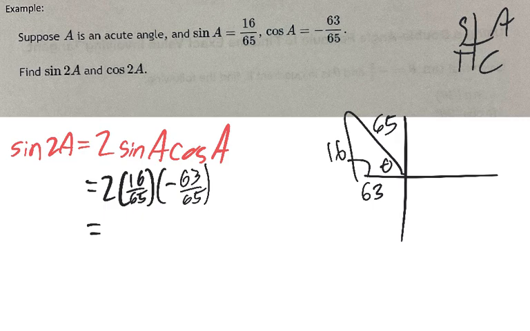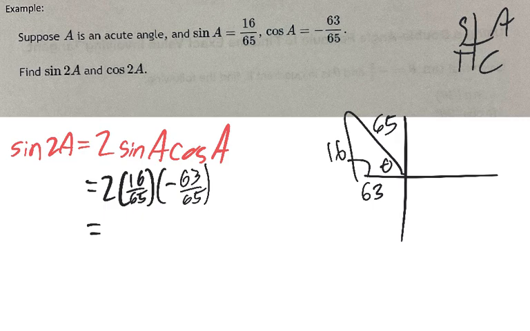Let me try 65 squared. 3,600 plus 1,200 plus 25.